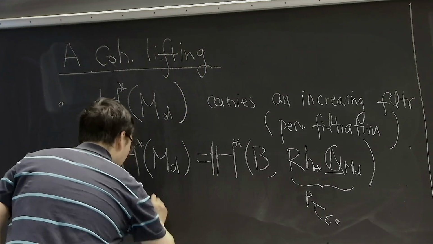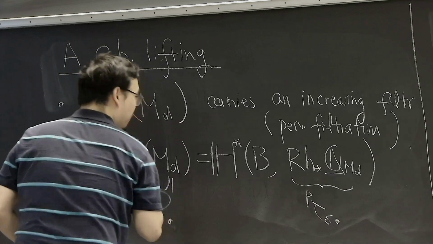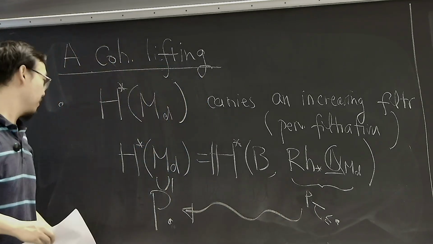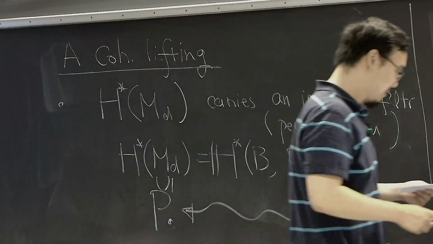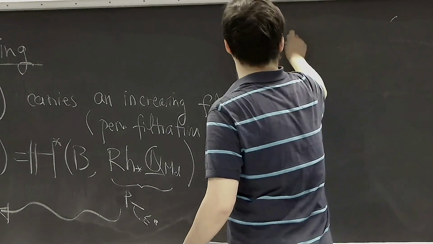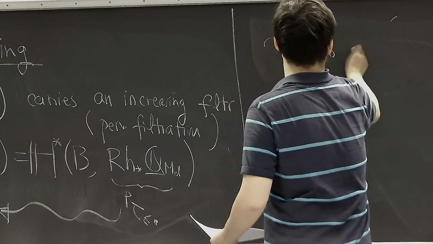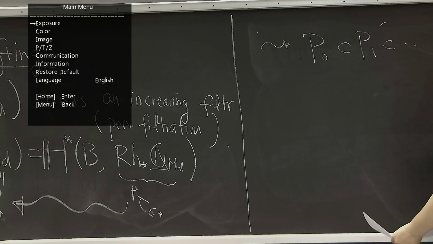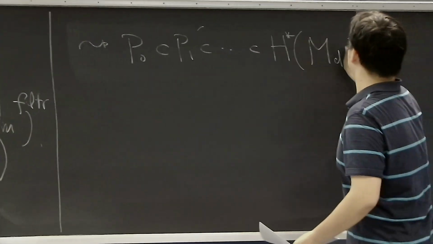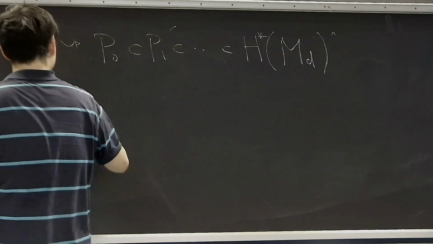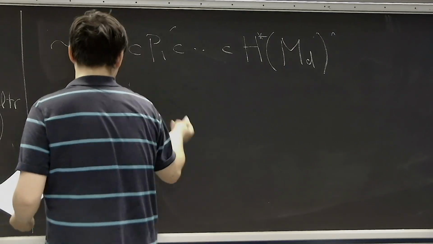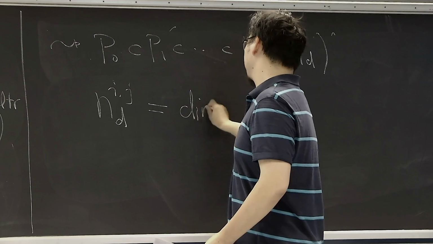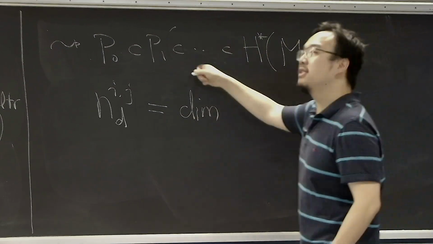This gives you an increasing filtration for the global cohomology. In particular, we get a perverse filtration P_0, P_1, and so on. This is an intrinsic structure associated with the singular cohomology of M_D, and N_{ijD} is just a refinement of the Betti number using this filtration.